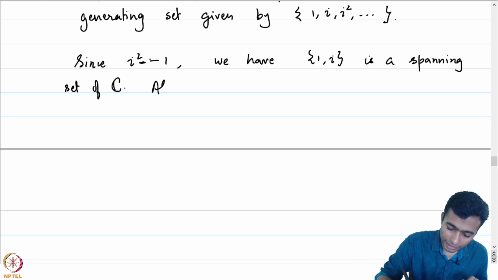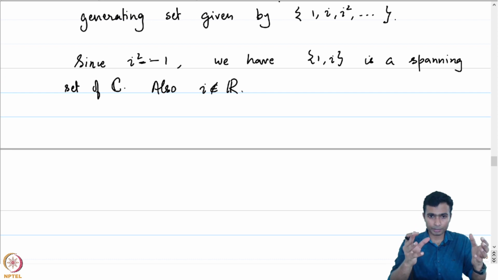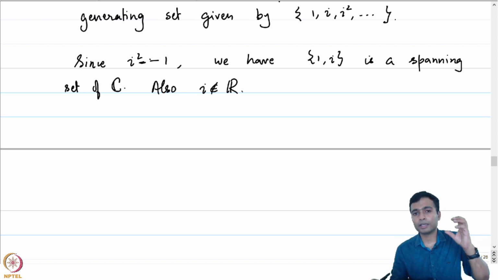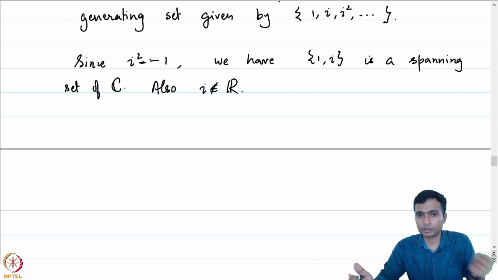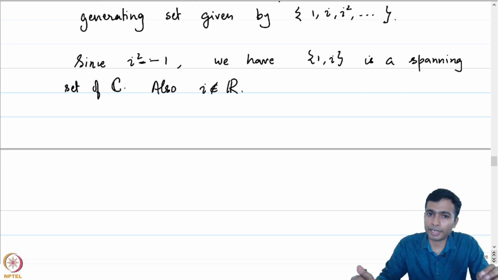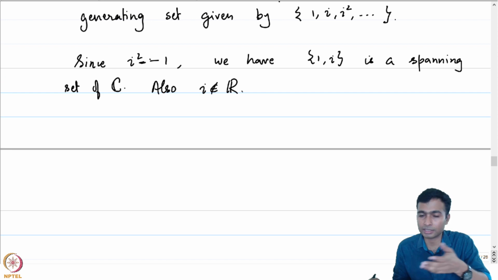Also notice that i does not belong to R. Why is that the case? Because if i belongs to R, what was i? Sorry, i was the coset represented by the polynomial x. And if it is in R, that would mean that x plus the ideal generated by x square plus 1 is some a plus the ideal, where a is a real number, or that would mean that x minus a is in the ideal generated by x square plus 1, which cannot be the case because x minus a will have degree 1.